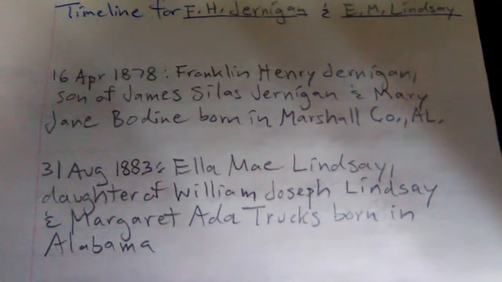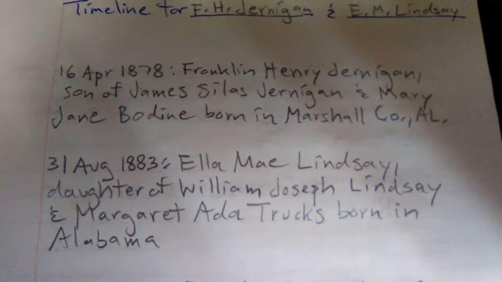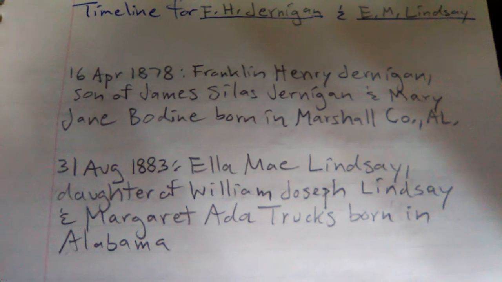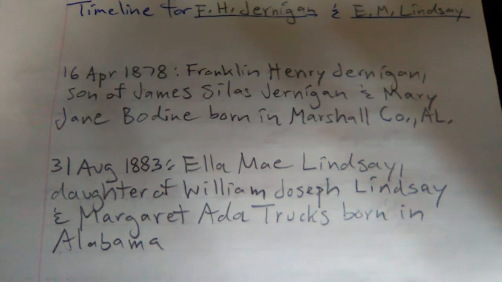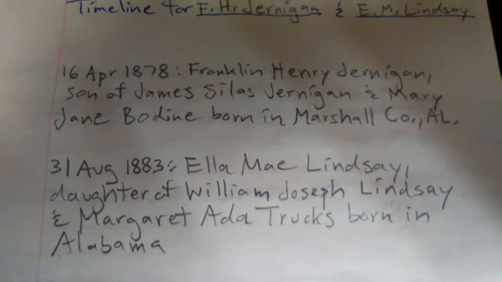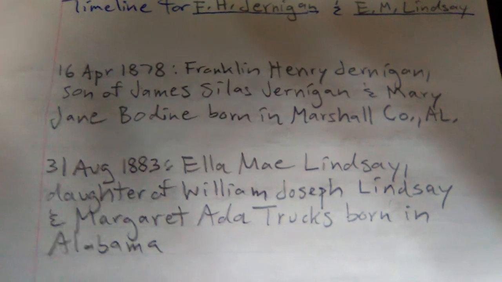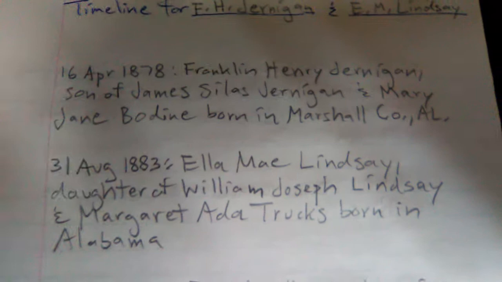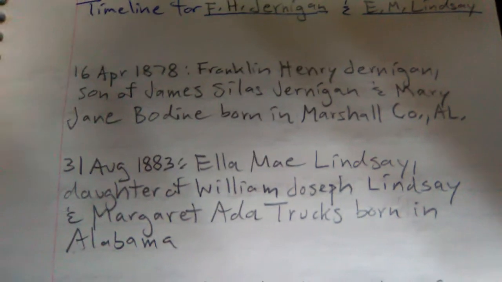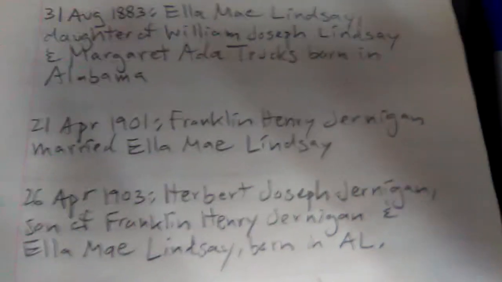So they were young people still living in their families. So if we found Ella Mae Lindsay, we could probably find William Joseph Lindsay and Margaret Ada Trucks. And since we know that Ella Mae was born in Alabama, most likely that's where the 1900 census of them is. So, and on down the line, we have all these different dates.